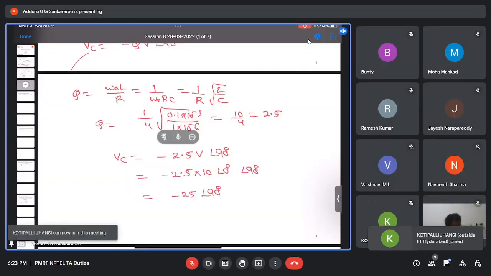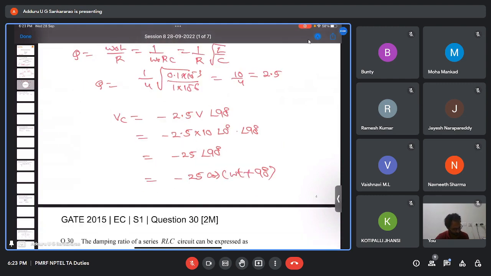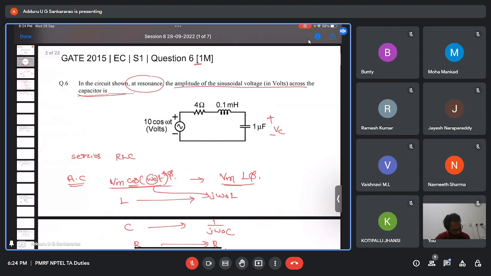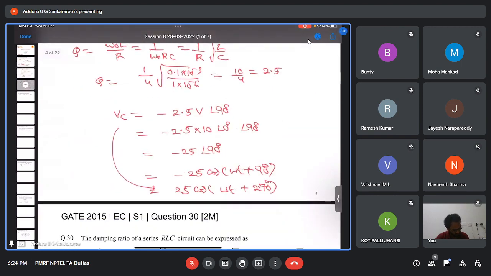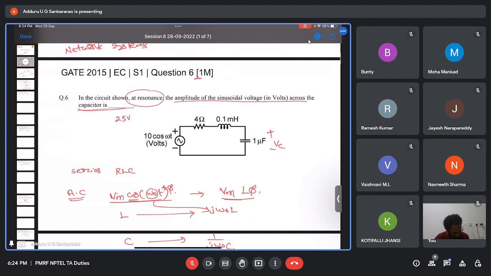I can represent this as minus 25 cos omega t plus 90 degrees. The minus can also be taken inside: 25 cos omega t plus 270 degrees, since minus means 180 degrees. Anyway, VC we get like this. The question asked for the amplitude of the sinusoidal voltage across the capacitor. The amplitude is 25. So the answer is 25 volts.